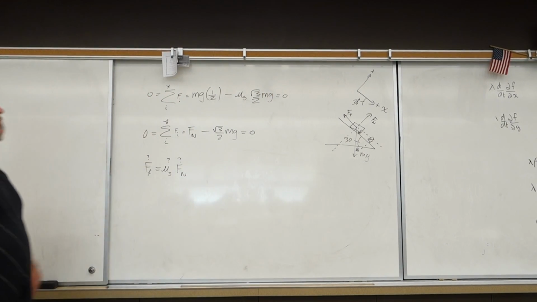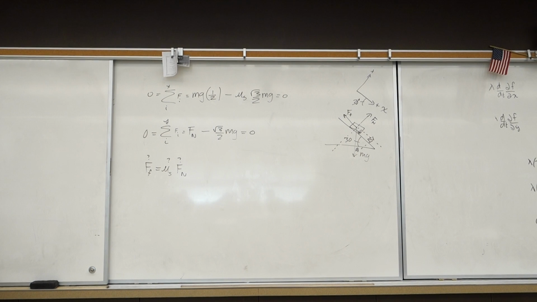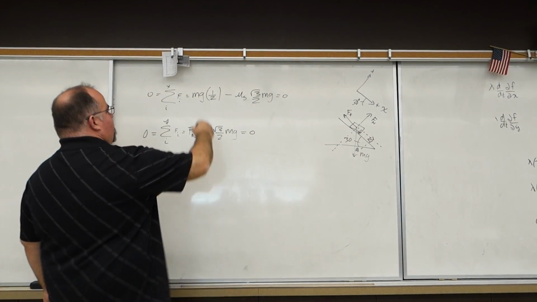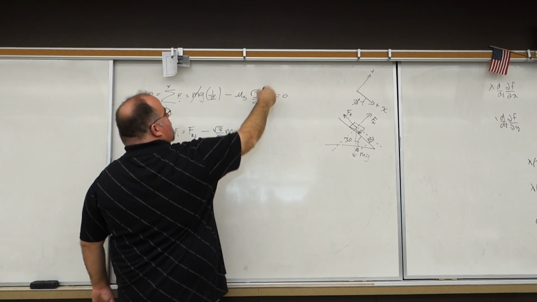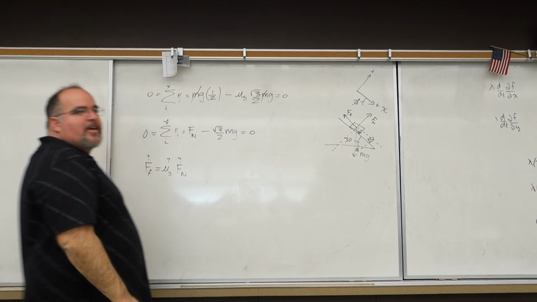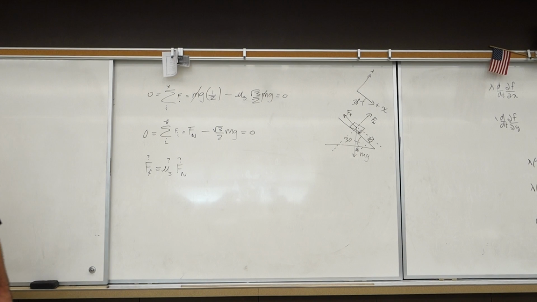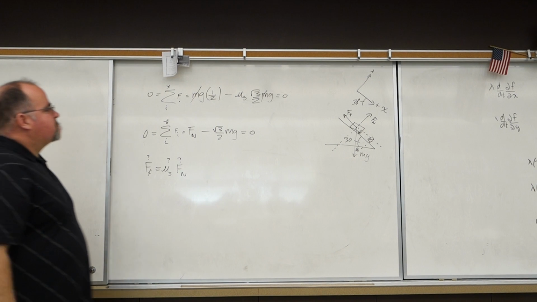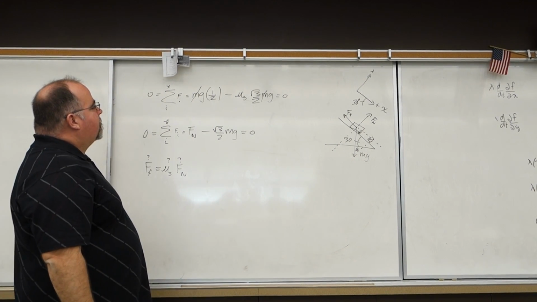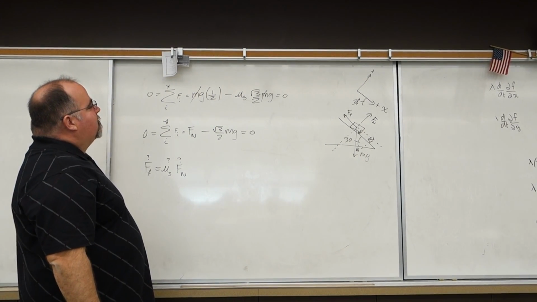So now do you guys see why it doesn't depend on mass? Because it's homogeneous. I can divide by m and it doesn't matter. Could you also divide by that? Well, we can simplify it too, right?